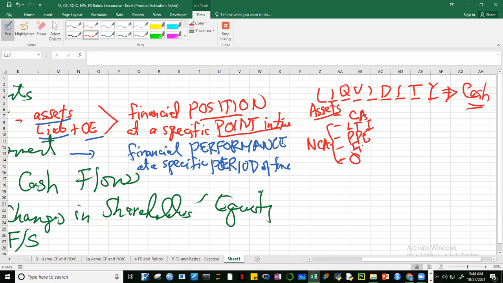Intangibles. Okay, and the last one, this one is other assets.